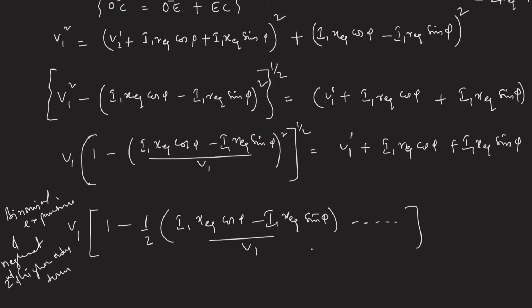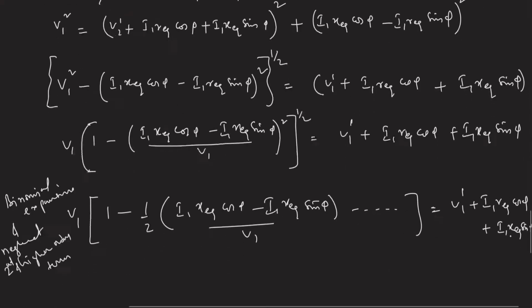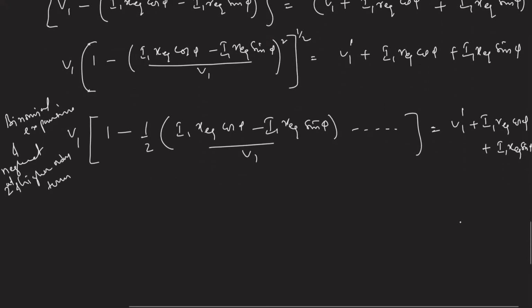These terms are equal to V1 dash plus I1 R equivalent cos phi plus I1 X equivalent sin phi. This is correct. This is plus plus, right? Okay. So what can I do now?